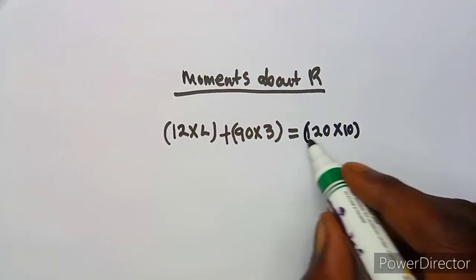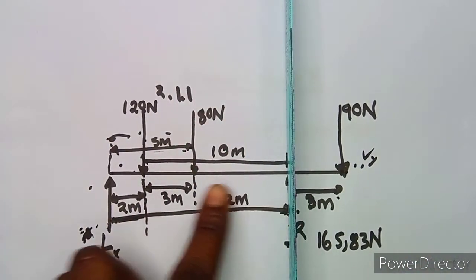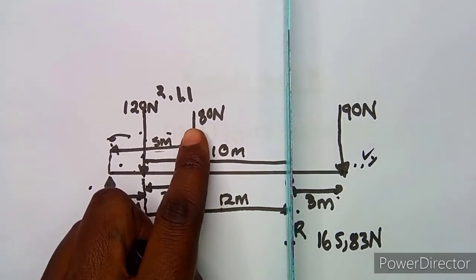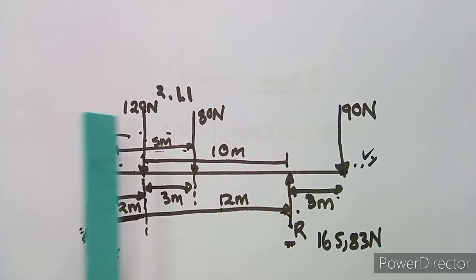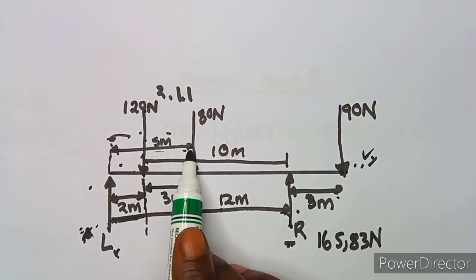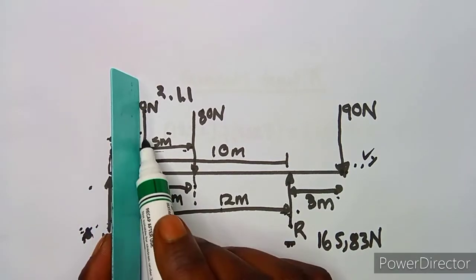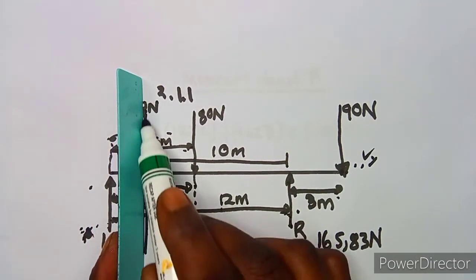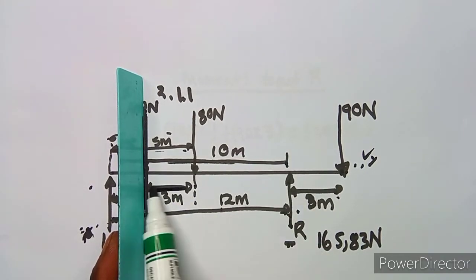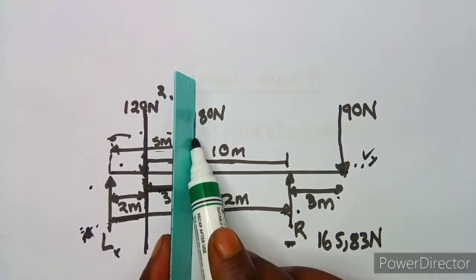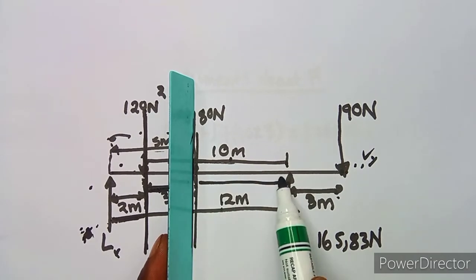That's how you take these ones. Plus, we still have another one of 80, because this 80 is still on the same side of L. So it's 80 times the distance back to R here. We have 10 meters, but out of this we have taken 3 meters, because take note, 10 meters is from this 120 to this point. So we remain with 10 minus 3, which is 7 meters.